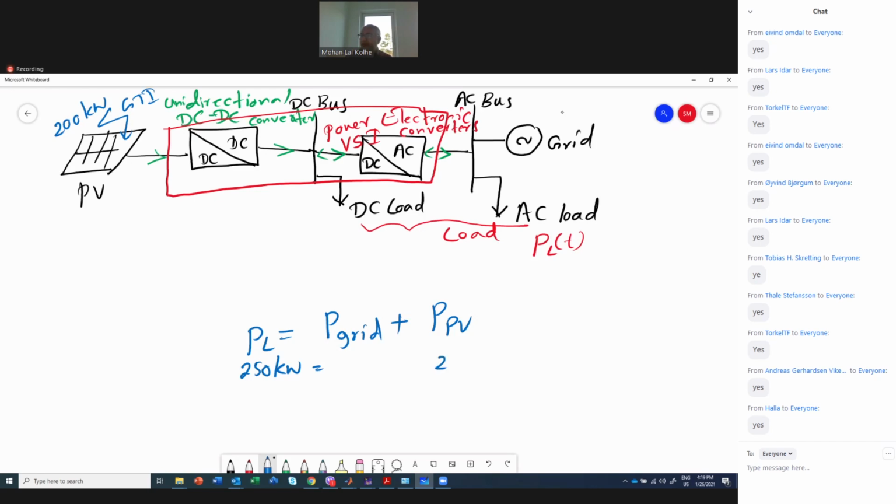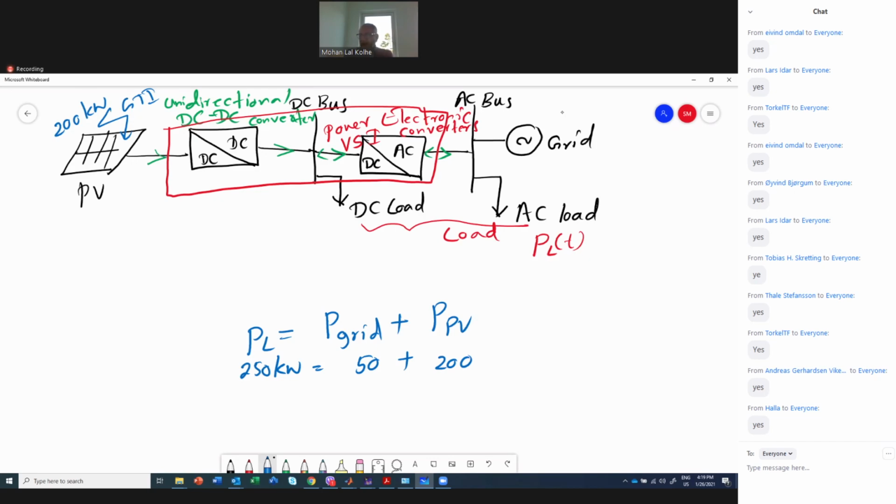So to supply this load power 250, the grid has to supply 50 kilowatt. Then the load power will be met.